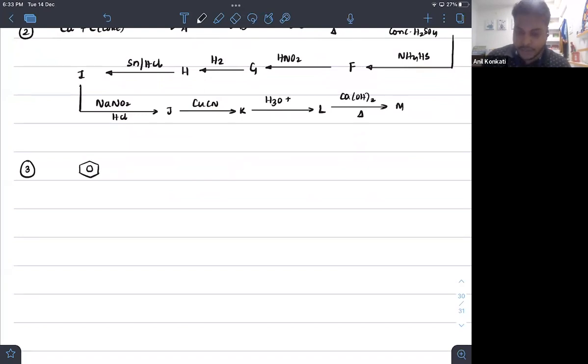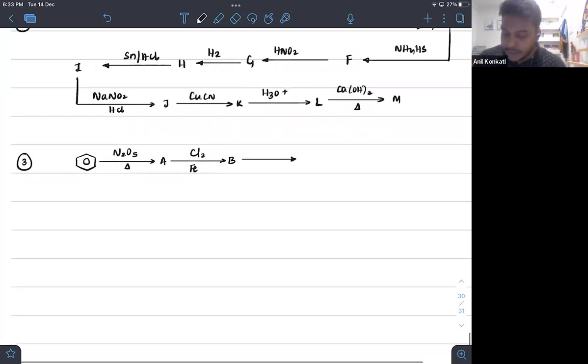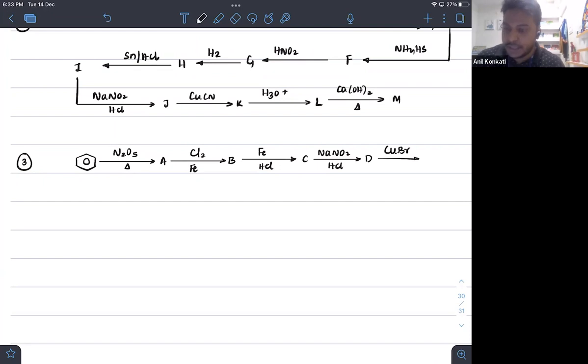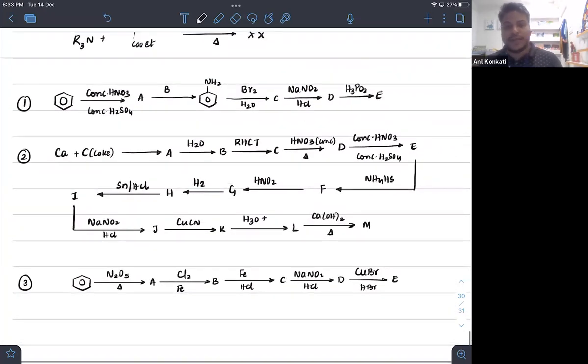Benzene, if we treat that with N2O5 and heat, we get product A, which on reaction with Cl2 and Fe gives product B, which on treatment with Fe and HCl gives product C, and this with NaNO2 and HCl gives D, and that with CuBr and HBr gives E. So find A to E. I hope you got an idea of what this chapter demands. This chapter is more about consolidation of all those reactions.